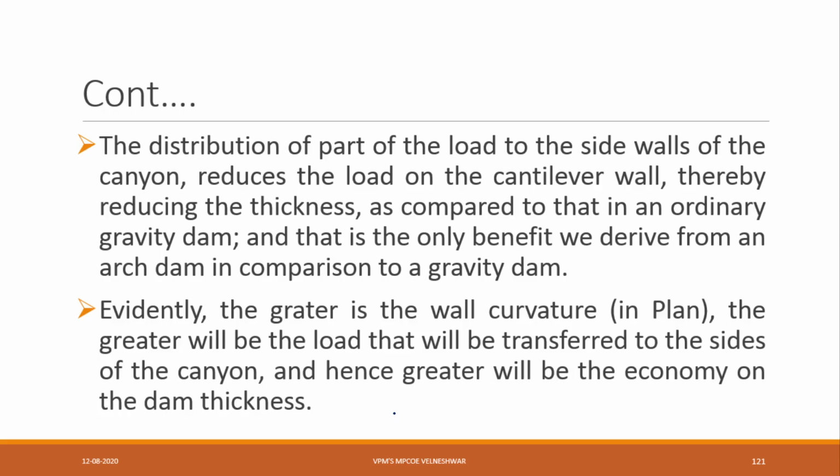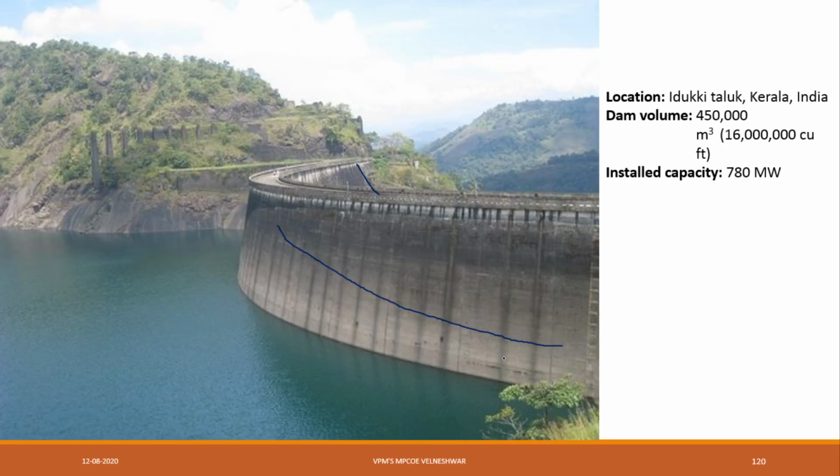Compared to an ordinary dam, there is a chance of decreasing the thickness in the middle. Here the thickness will be different, and again it will be increased; it decreases and increases like this, and the load will be transferred. This one we can see in our retaining wall design, which will come in our next semester.